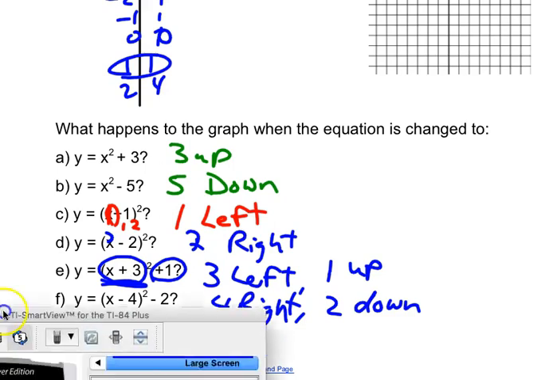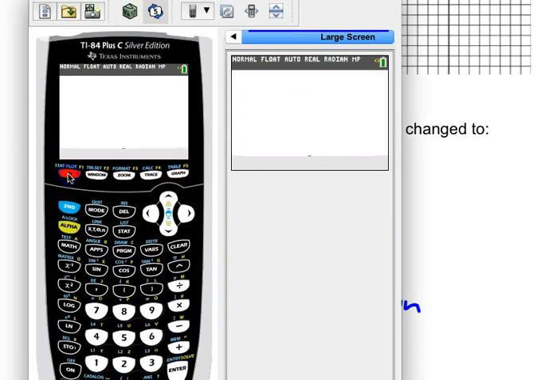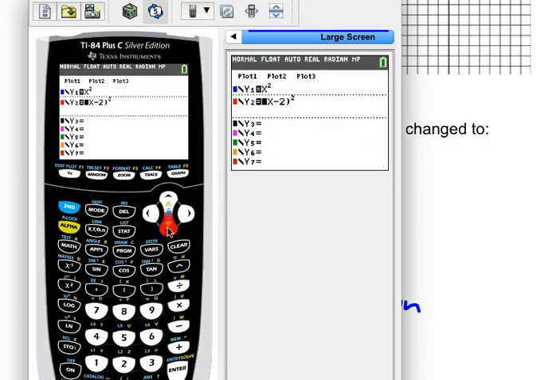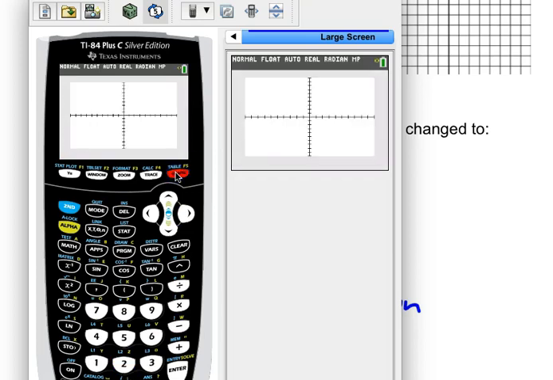You should see that it's 4 right and 2 down. So I want to show 4 right. It's x minus 4 and 2 down. If I graph it, everything should shift to the right and down.